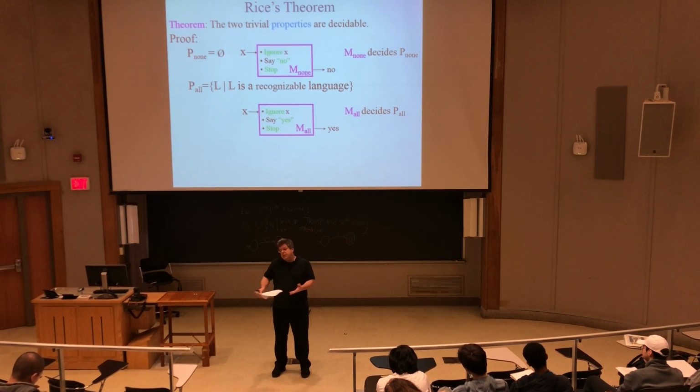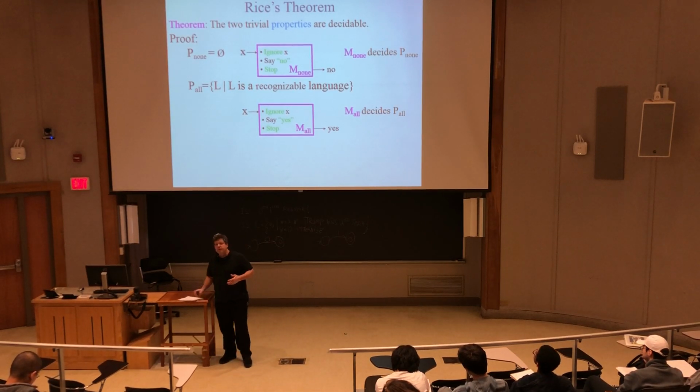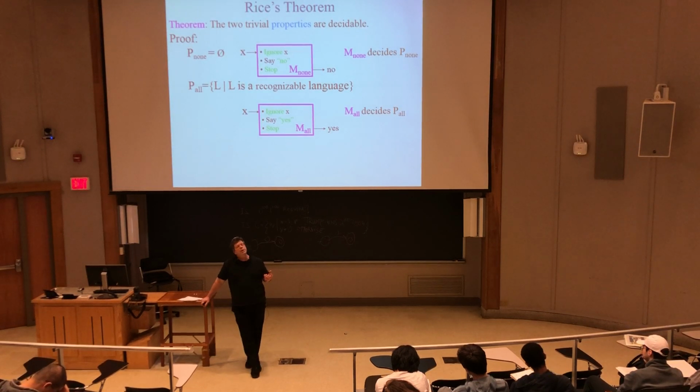The language of this program is all the strings it accepts. I give you a program written in some computer language, and you want to filter out non-programs, things that are not valid Java code. How would you filter out non-programs?